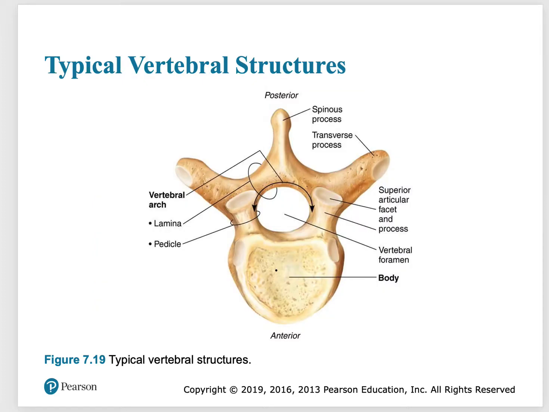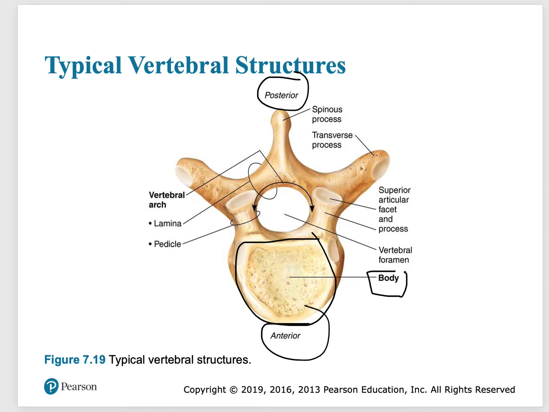All right, so let's look at some vertebral structures. This is the typical vertebral structure, with the anterior and posterior portions. Some major parts to look out for are the body, that wide flat structure towards the front. Typically on the back, we're going to have a spinous process. So if you want to reach back and feel your spine right now, those little pokey parts you can feel when you lean over are spinous processes. And remember, a process is something that's going to stick out.